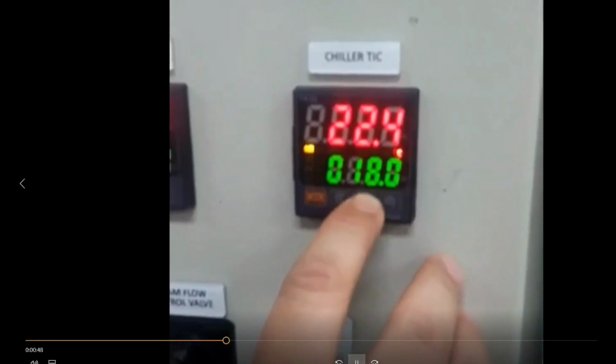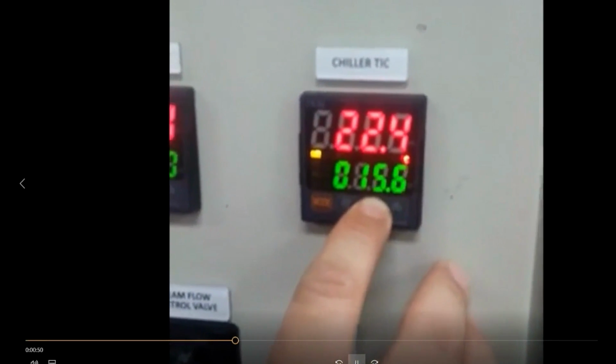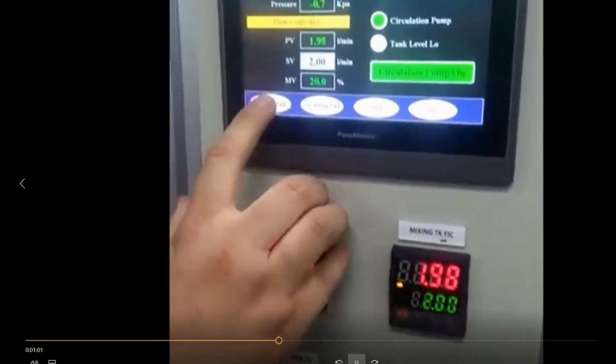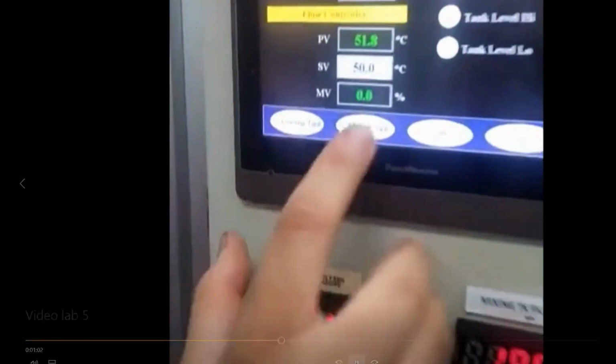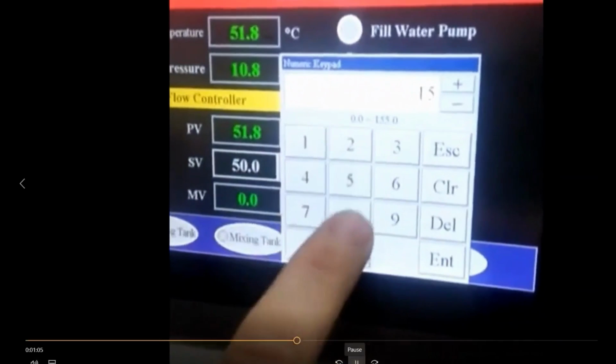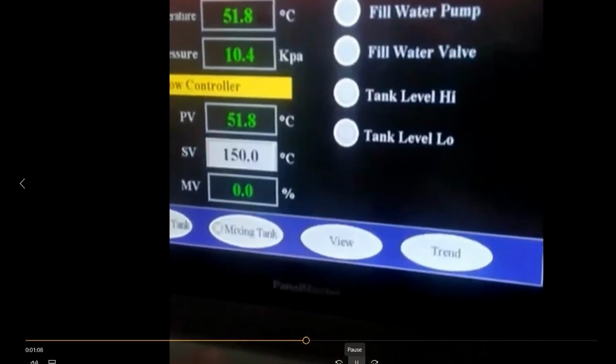You need to set the chiller temperature to 15 Celsius. After that, go to the boiler tank parameter by choosing the boiler tank button here and set the temperature of the water in the boiler tank to 150 Celsius.